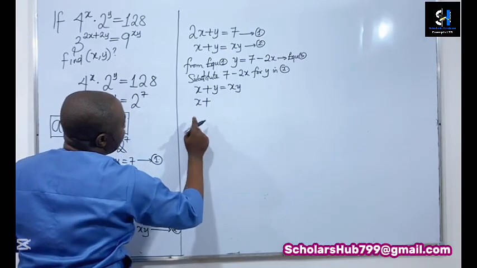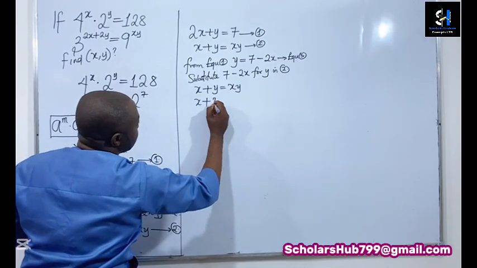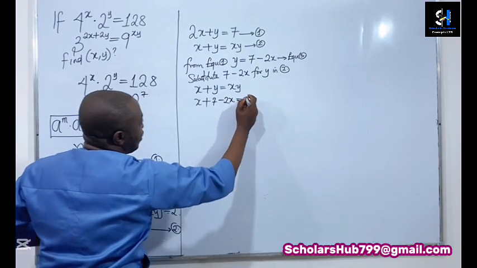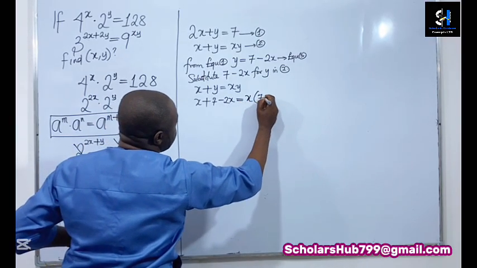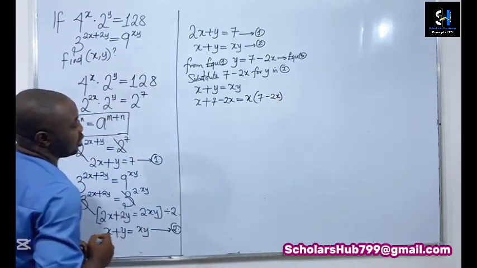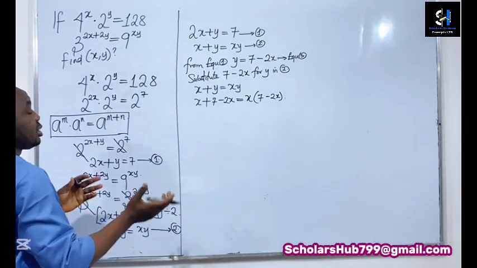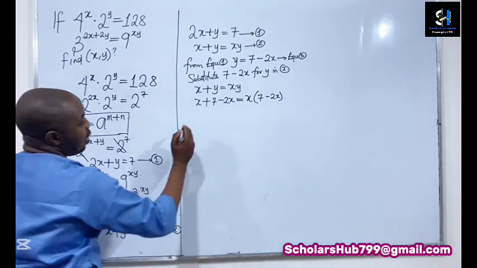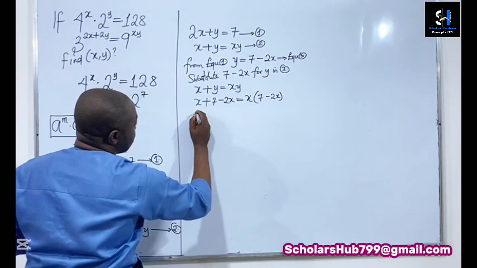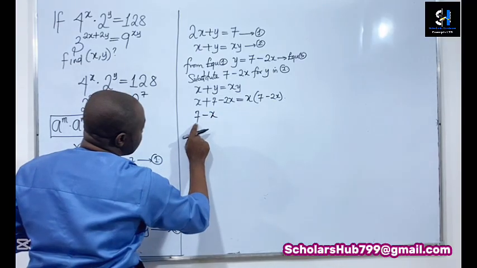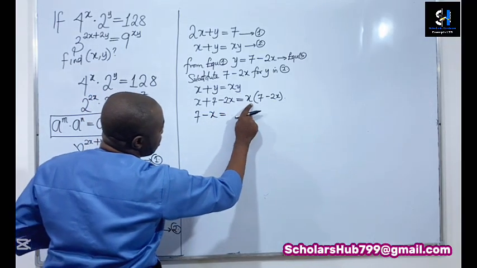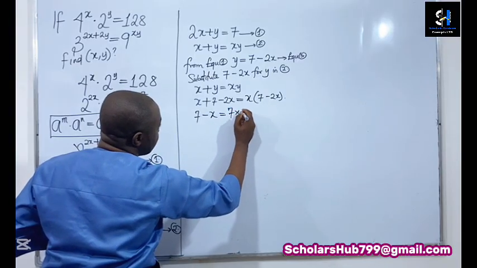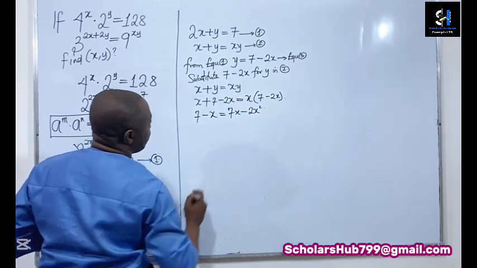So that x plus 7 minus 2x equals x multiplied by 7 minus 2x. Okay, that is when we substitute for y in equation 2. All right, so x minus 2x, that will be minus x. So this will be 7 minus x equals, distributing x to remove the parentheses, 7x minus 2x squared.